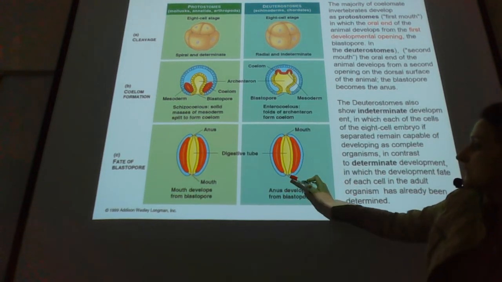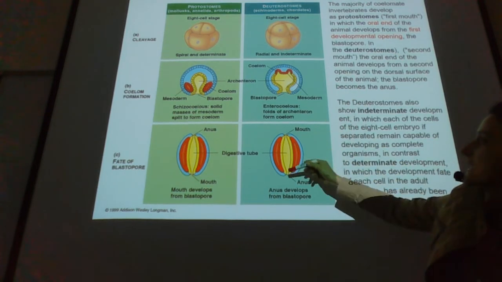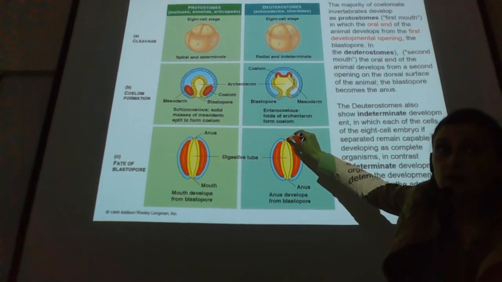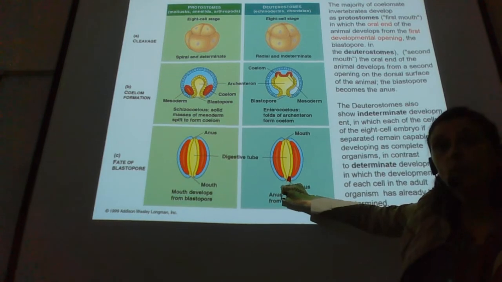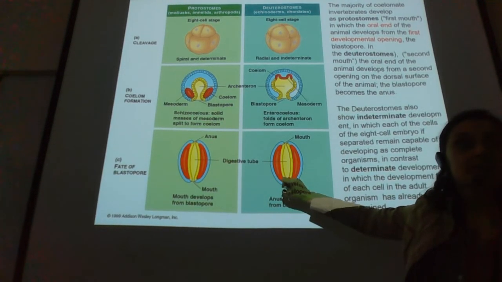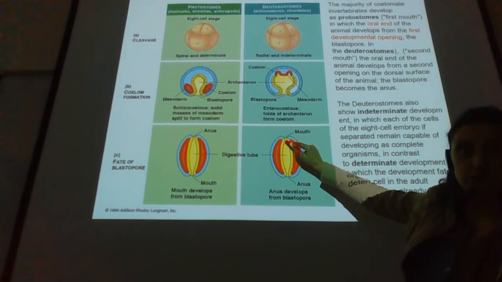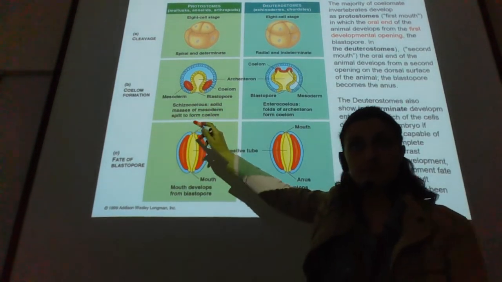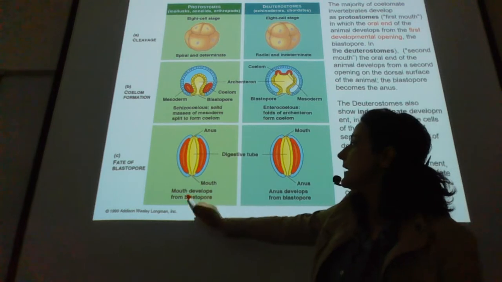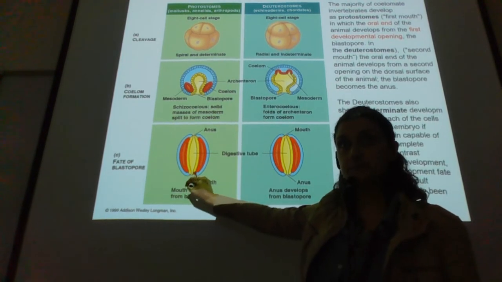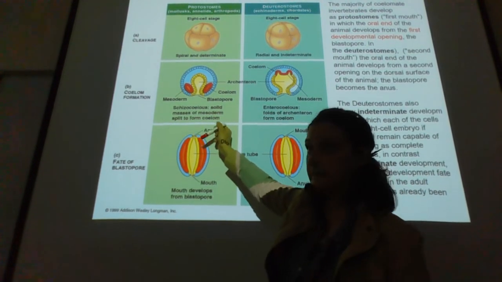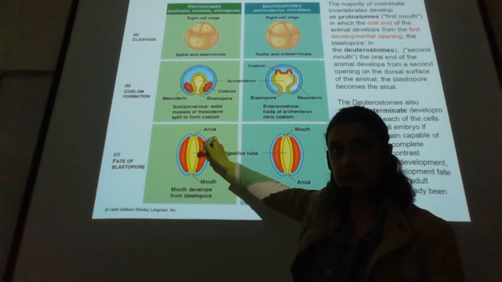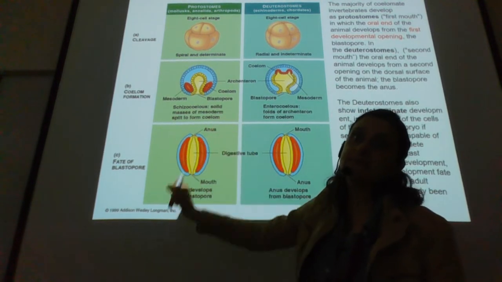And so in deuterostomes, the mouth is second. The first opening, the blastopore, becomes the anus, and the mouth appears as second. In protostomes, that's how evolution has started. The blastopore is the mouth, and the second opening that appears on the embryo becomes the anus.